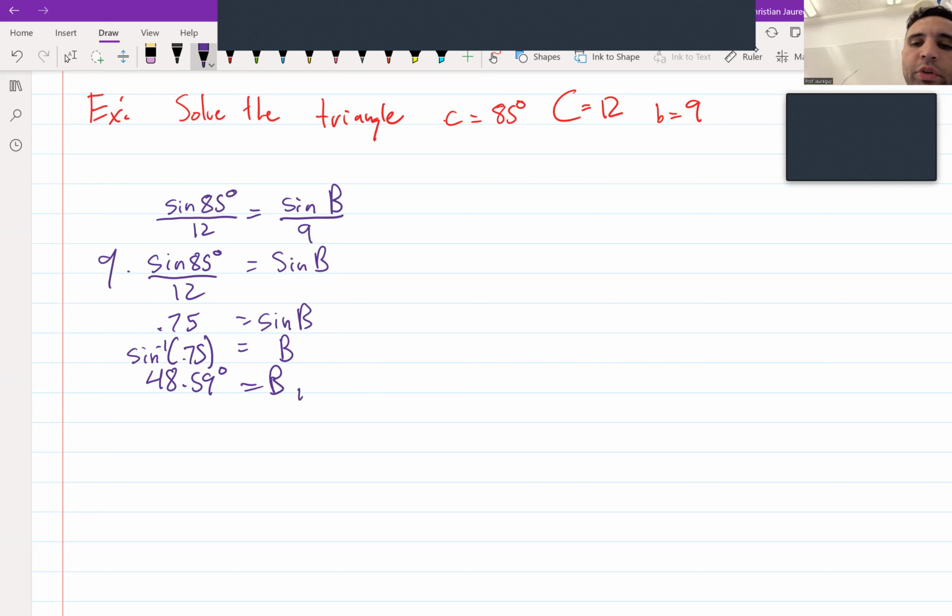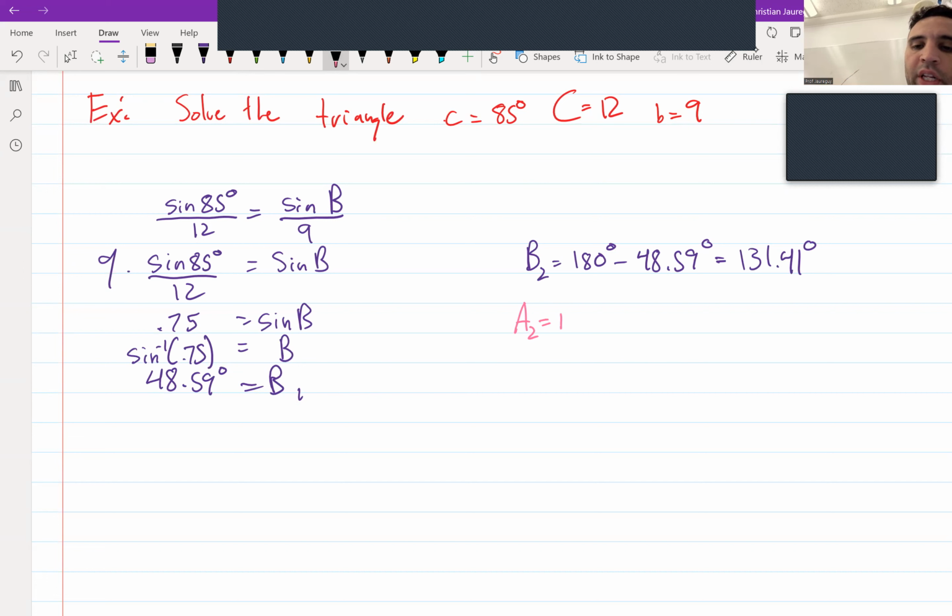And then we have a B2 over here I need to consider, which is 180 degrees minus 48.59, and we get 131.41 degrees. Now, hopefully we noticed, if you're doing this on your own, we run into an issue. Because now I'm going to start to look at big A2.